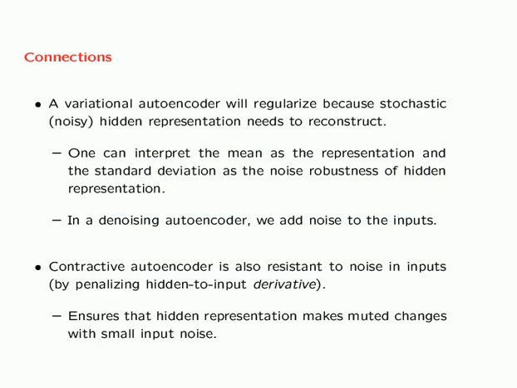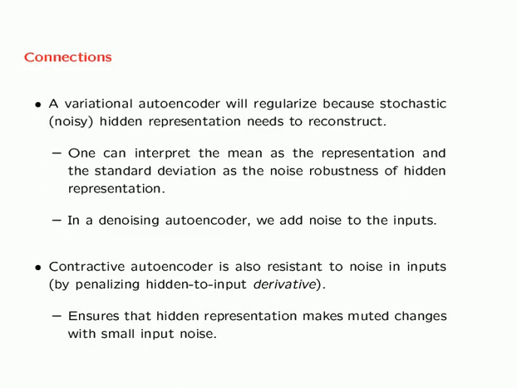Now, with this type of adding noise, here you're adding noise to the hidden representation. You can interpret the mean as the representation and the standard deviation as the noise robustness of this hidden representation. But in the denoising autoencoder, you add noise to the input. So there's some difference in where you're adding noise.